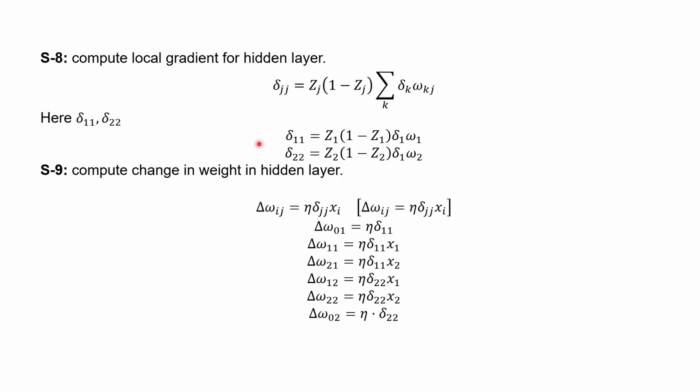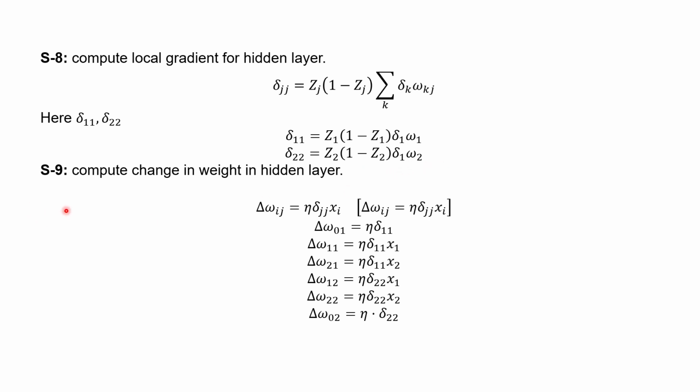So del 11 and del 22 for the given network are represented as del 11 equal to z1 into 1 minus z1 into del 1 w1. Similarly, del 22 equal to z2 into 1 minus z2 into del 1 w2.